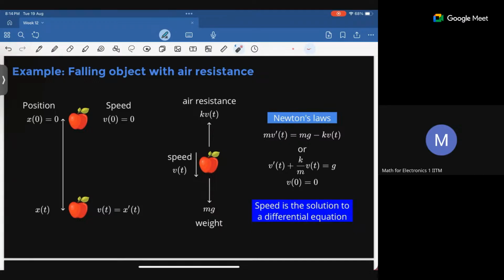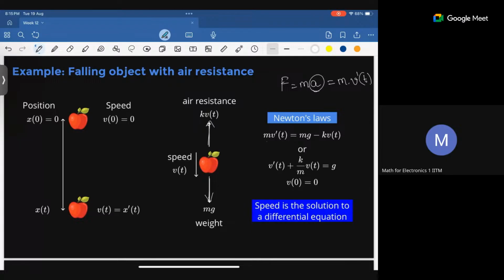And if the speed is v of t, we know the force acting on this body will be mass times acceleration, and this acceleration is nothing but the derivative of velocity or the speed, right? So then the force will be m times v prime of t. And what are the forces that are acting on this? Only the air resistance and this weight.